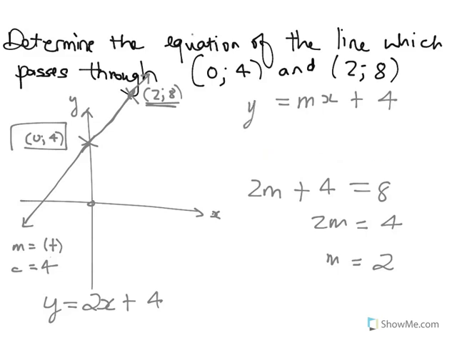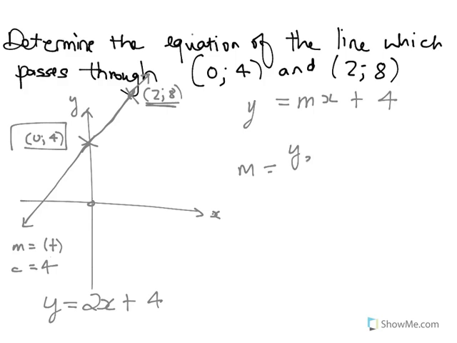Another way that you could do it is you could work out the gradient of the line manually. So remember that to work out gradient, we're saying the y-coordinate of one point minus the y-coordinate of the other, over the x-coordinate of that same point minus the x-coordinate of the other point.